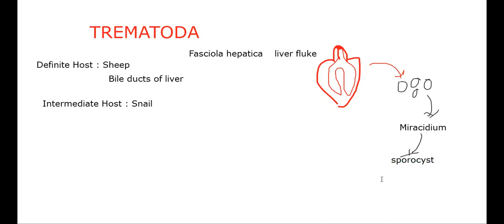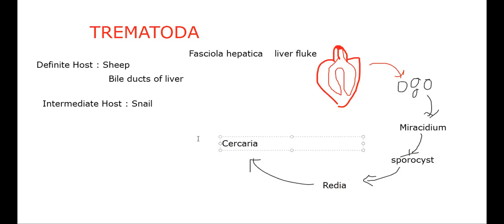The sporocyst, a cystic layer containing structure, becomes redia, another larval form. Next, redia will develop into cercaria, another larval form.